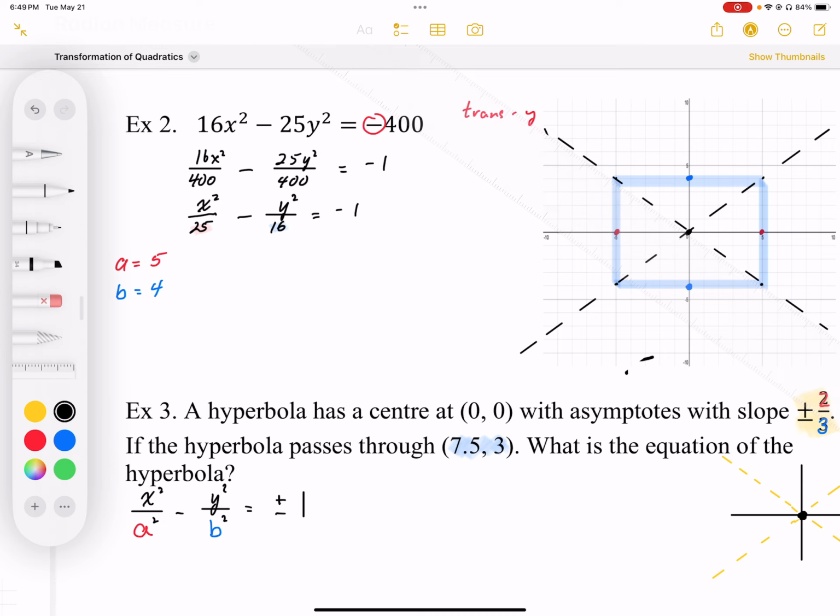Knowing that this is a trans y, I know that I'm going to use the vertices along the y-axis as the vertex of my hyperbola. Using the vertex and the asymptotes, I'm just going to sketch in my hyperbola.